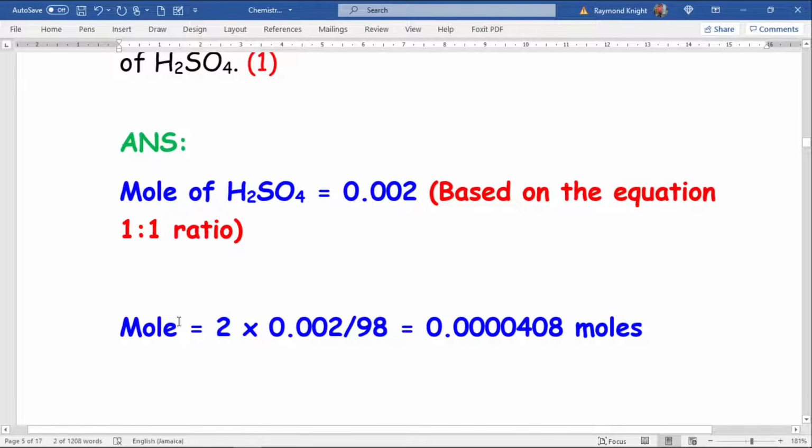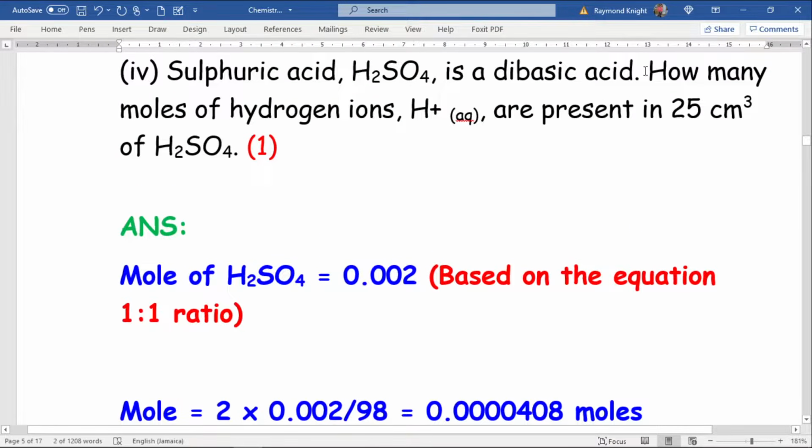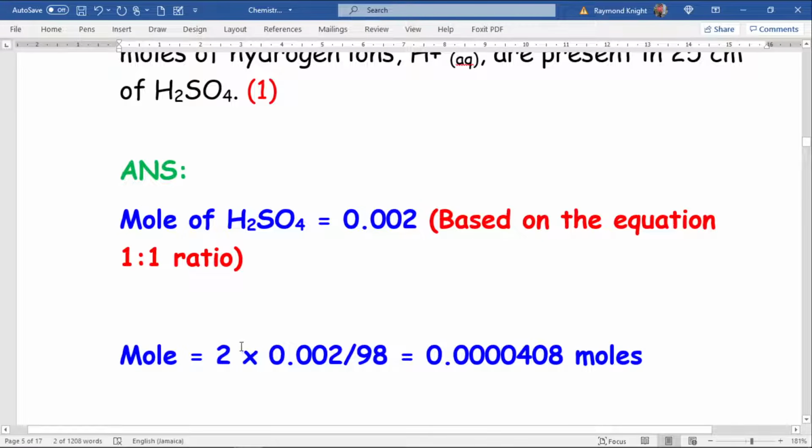Now we want to find the amount of hydrogen ions in this. Hydrogen in H2SO4 is 2, so we multiply the entire mole by 2 and then divide by 98. The reason I do that is a kind of percentage: you can say 2 divided by 98 multiplied by 100, then multiply by the mole, and you get the same answer.